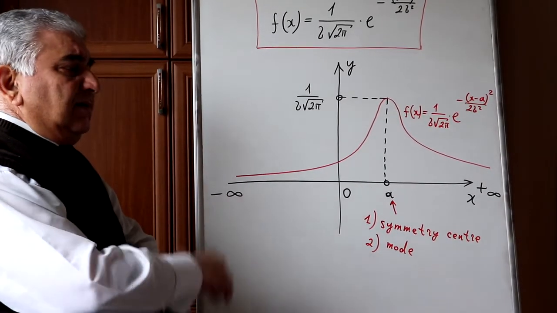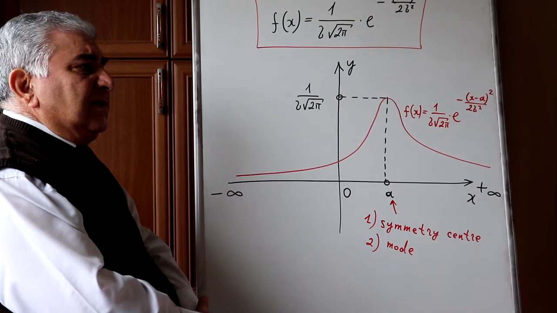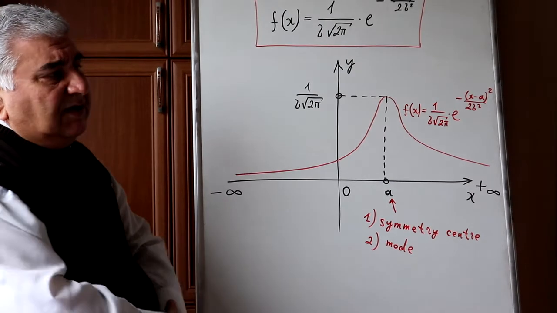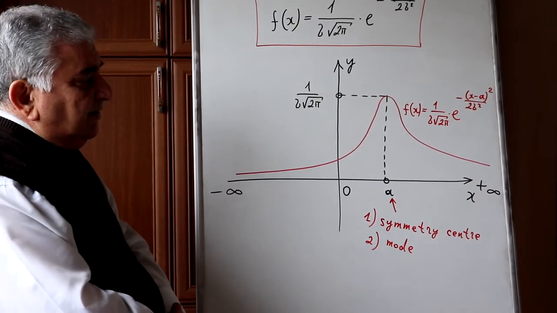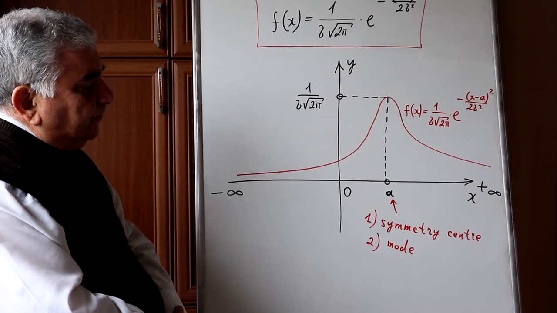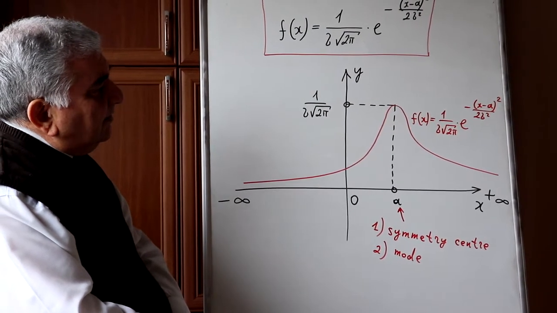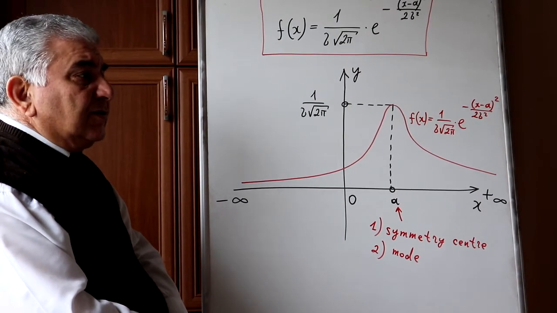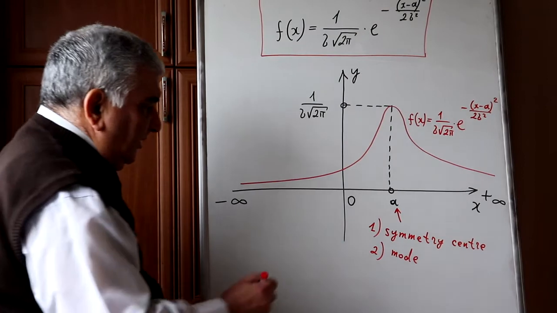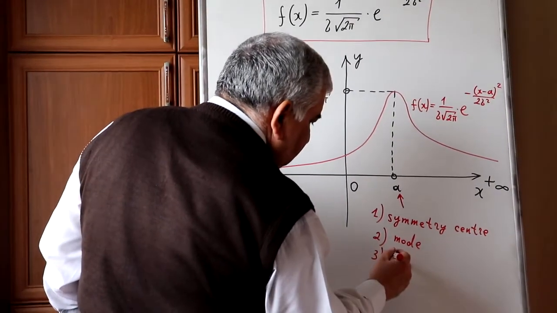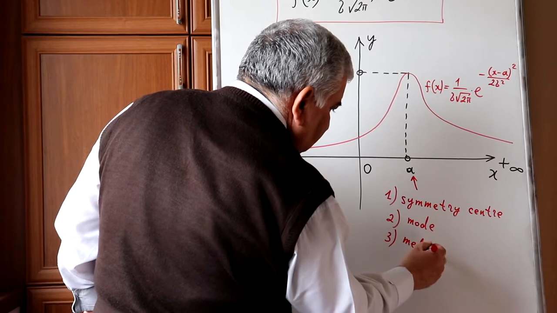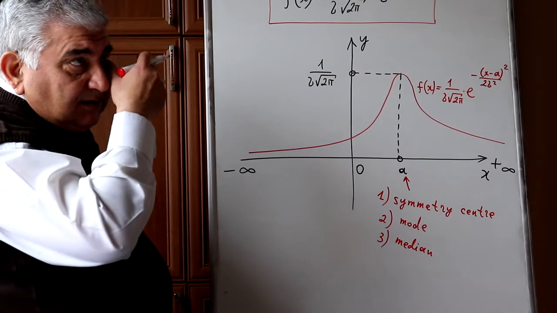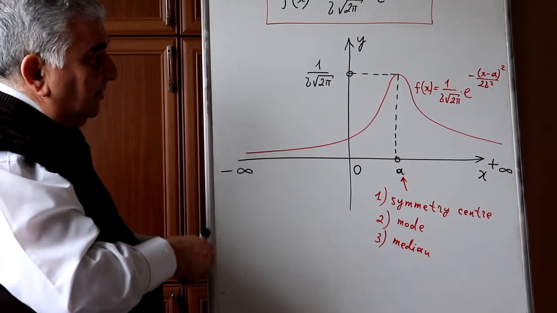Also, already you know that if f of x is a symmetric function, then its symmetry center is also the median. Then we will prove that it is also the mathematical expectation.